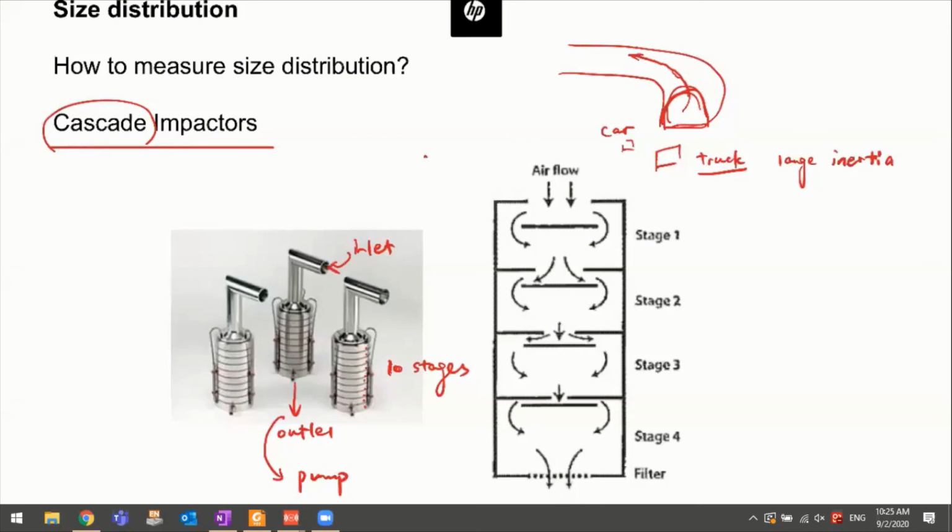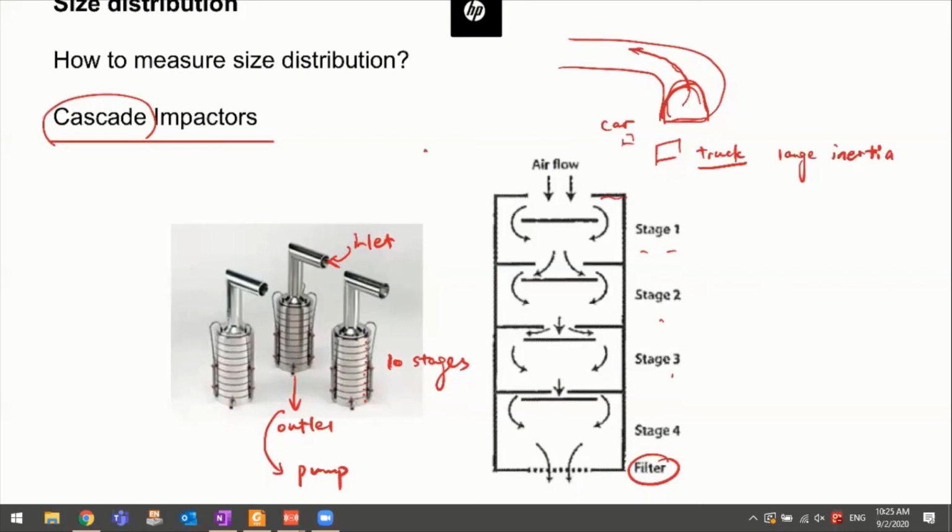So if we just make a cross-section view of this impactor, this is how it's going to look on the right-hand side. You have the first stage, second stage, third stage. Let's say we just have 4 stages here. Cascade impactors have different numbers of stages. At the end, there's also a filter to collect all the escaped particles, okay?